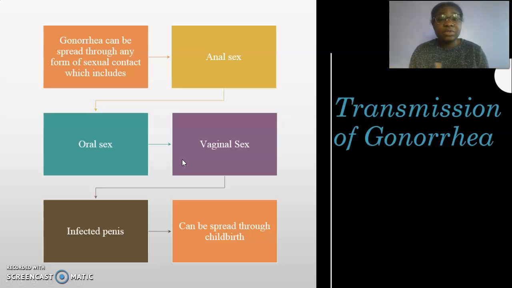If the disease isn't treated properly before childbirth, a child can experience symptoms mainly around the eyes. You can catch gonorrhea in your eyes also. So you'll see crusting around the eyes, which is a clear sign that a child has contracted gonorrhea.